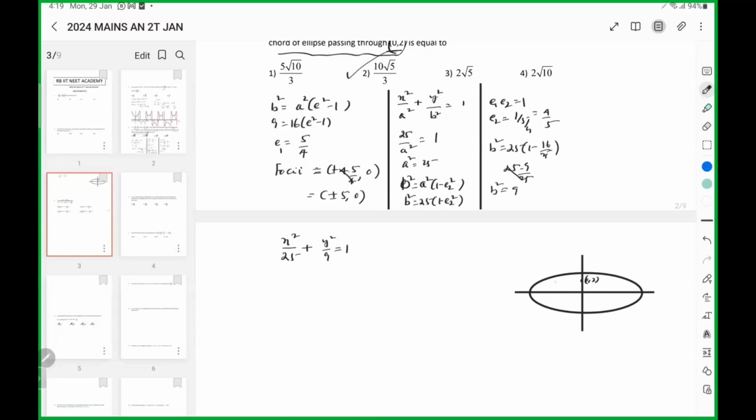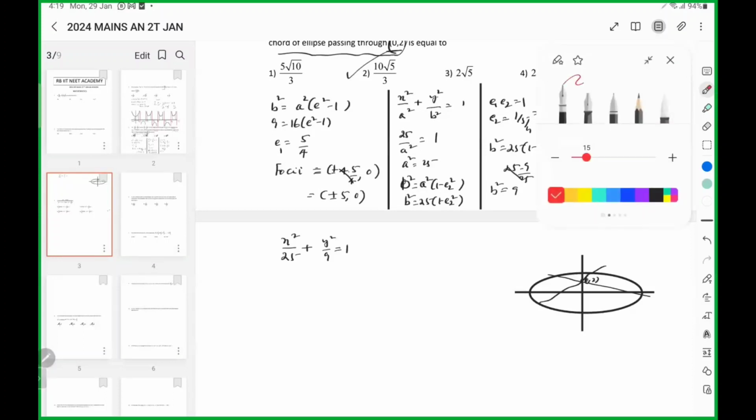There are infinite numbers of chords which pass through 0 comma 2, but he must mention which one, since different lines have different slopes. You may not get the chord length, so I feel some data is missing.